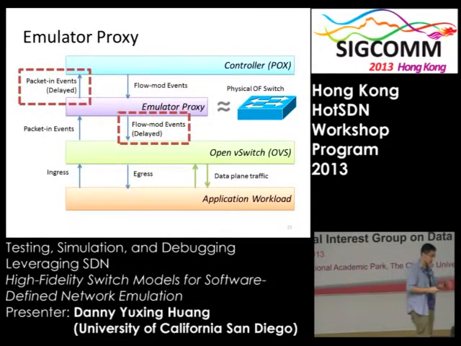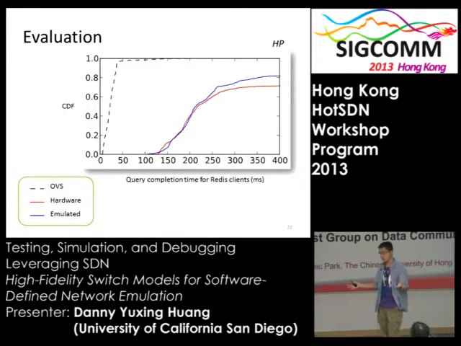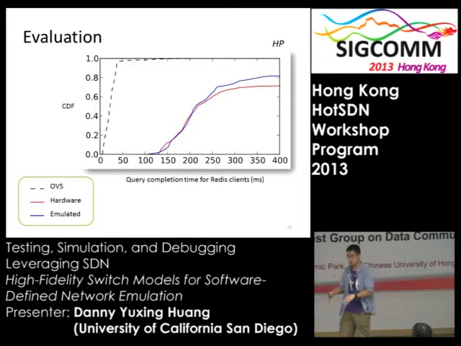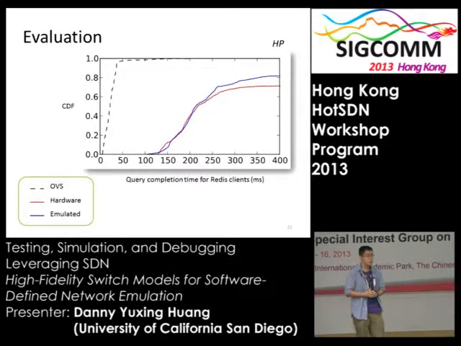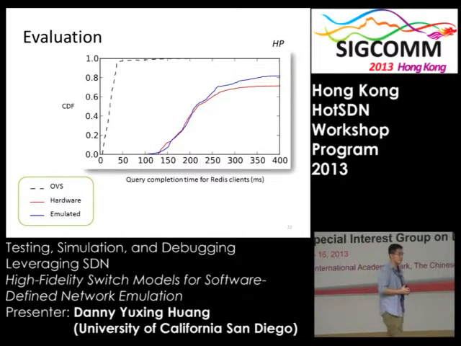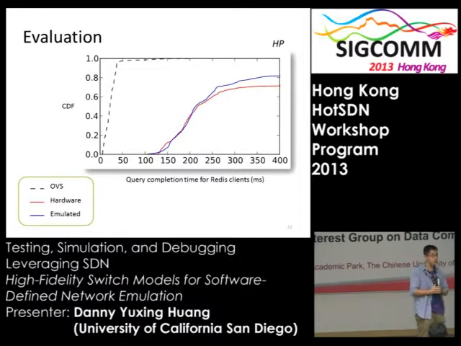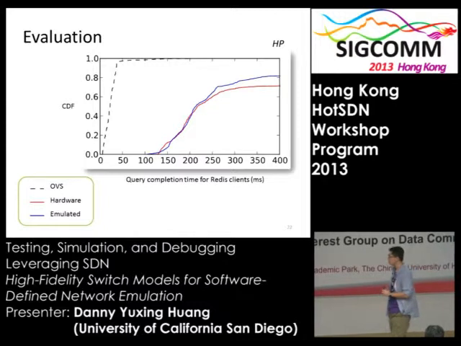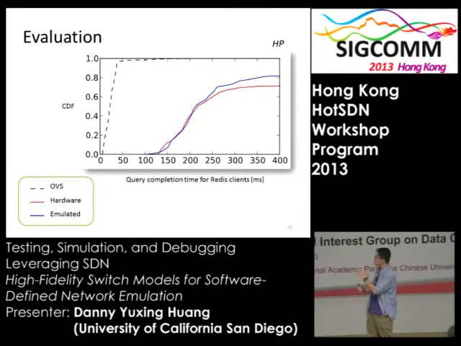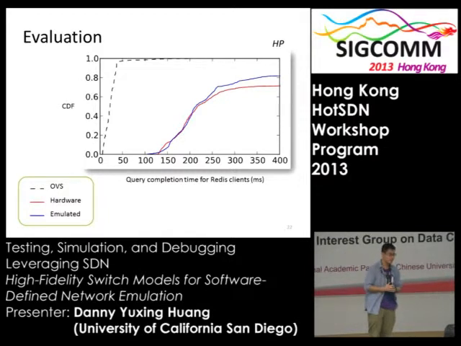So how are we doing in this case? We evaluate: we measure the HP switch, we put the measurements into our emulator, and we put our emulator into the test harness. This graph compares the performance of our emulator versus the actual hardware switch. The y-axis plots the CDF, and the x-axis shows how fast our Redis clients are completing. You can see that the red line shows the hardware performance, and the blue line shows the emulated performance.